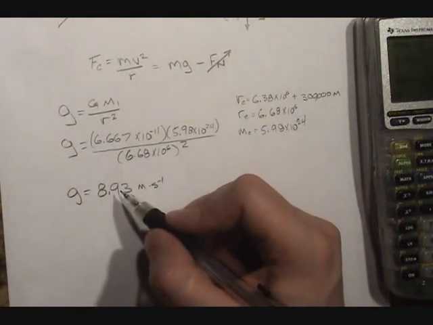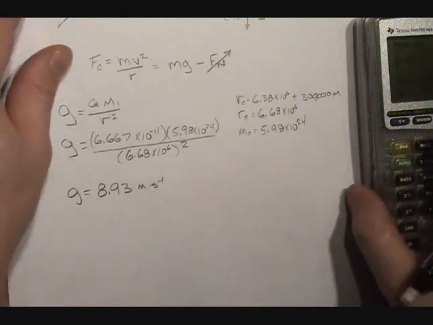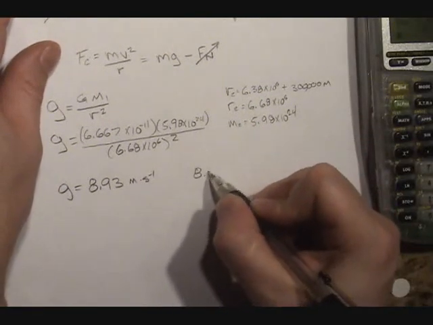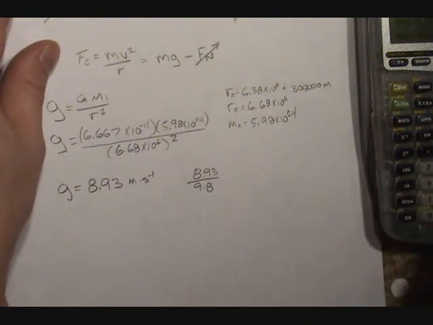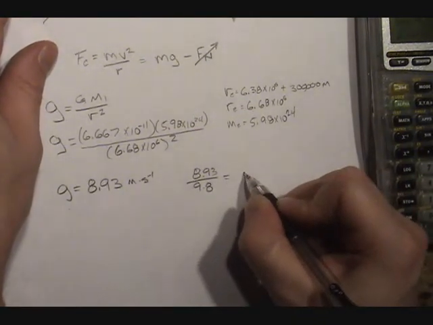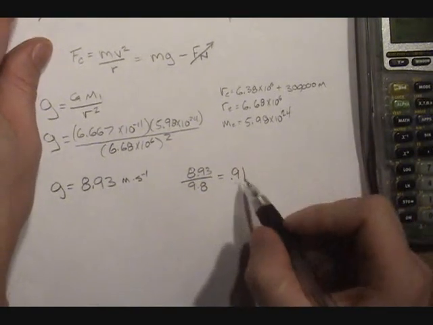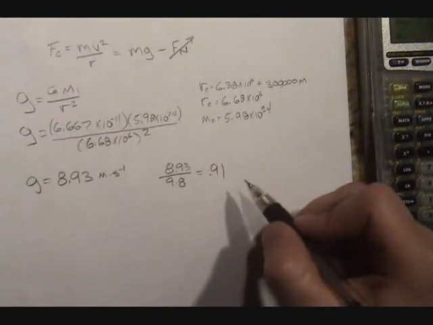That's not an enormous difference. It's actually only a very small difference. So if we take 8.93 divided by 9.8, we find that the value of gravity is approximately 91% of its strength.